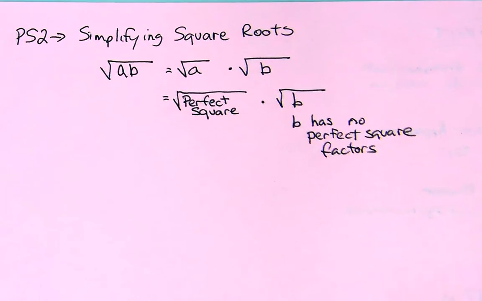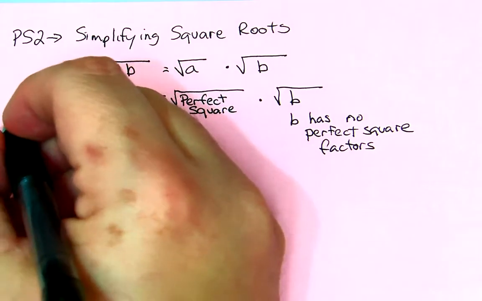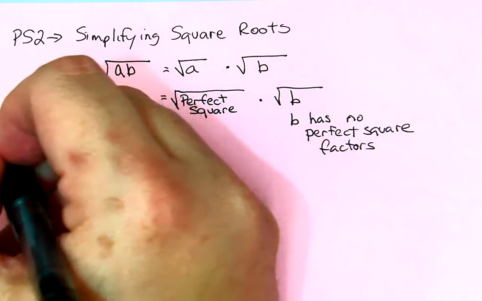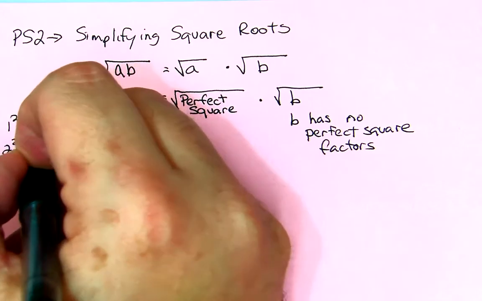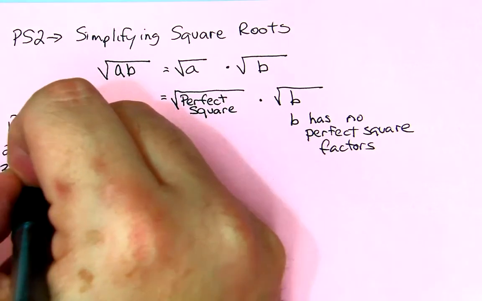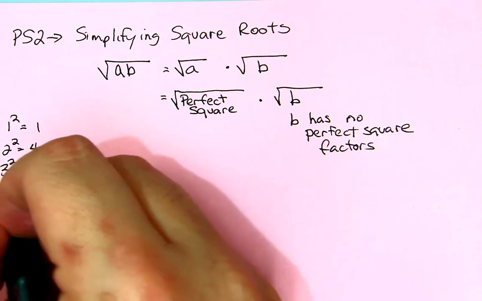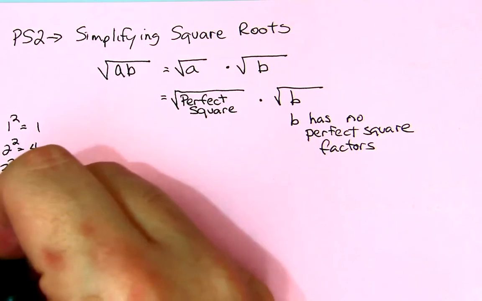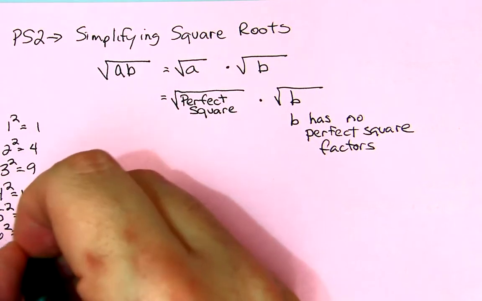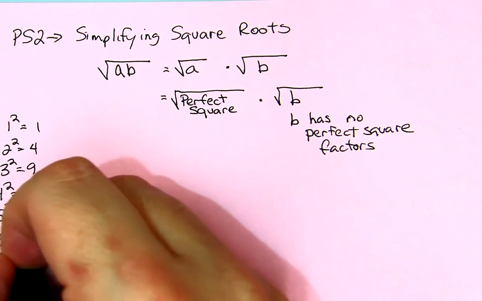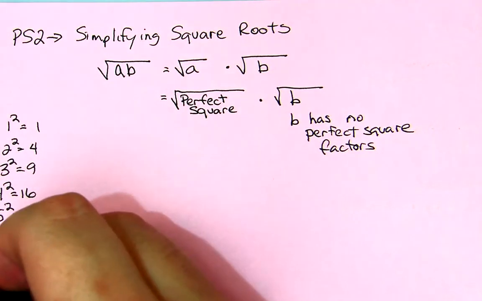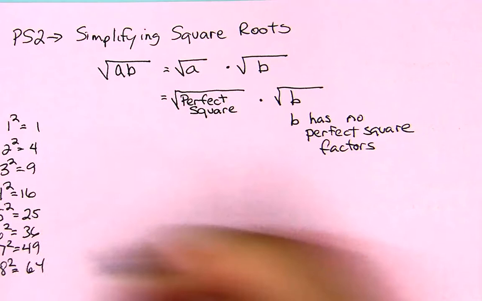And so we need to know our perfect squares. We need to know that 1 squared is equal to 1, 2 squared is equal to 4, 3 squared is equal to 9, 4 squared is equal to 16, 5 squared is equal to 25, 6 squared is equal to 36, 7 squared is equal to 49, 8 squared is equal to 64.